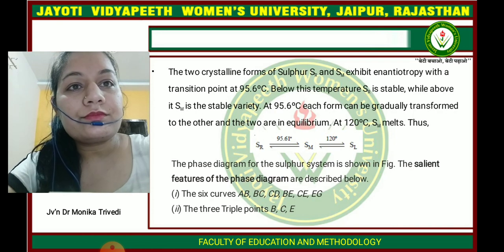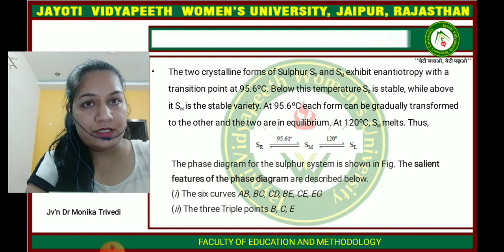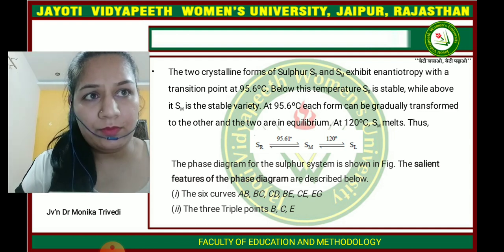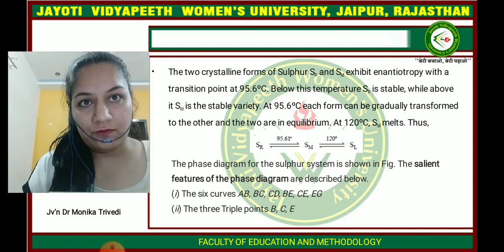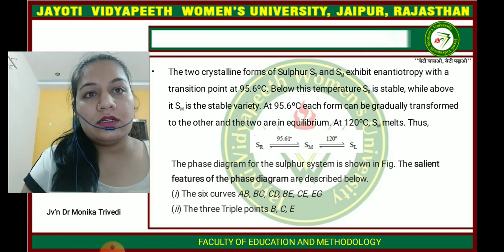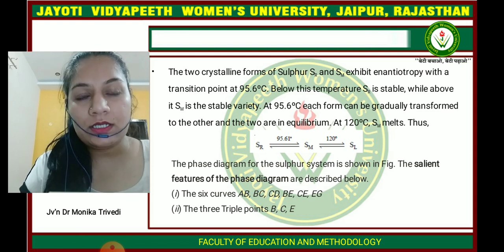Okay. So if we learn about its phase diagram, in the phase diagram of the sulfur system, the two crystalline forms of sulfur, which are sulfur rhombic and sulfur monoclinic, exist in equilibrium at a temperature of 95.6 degrees centigrade.